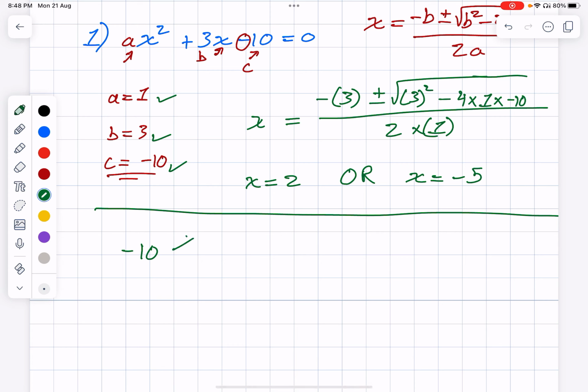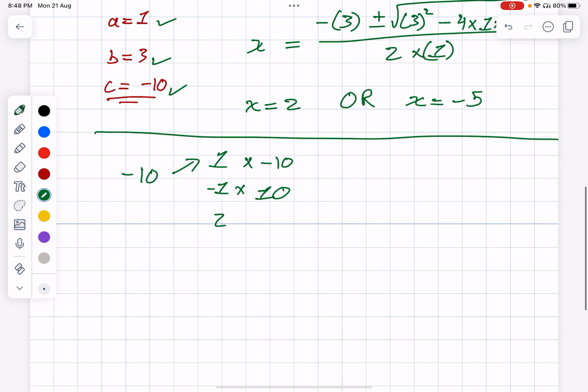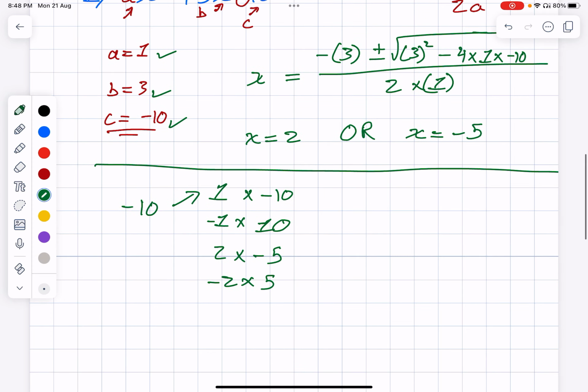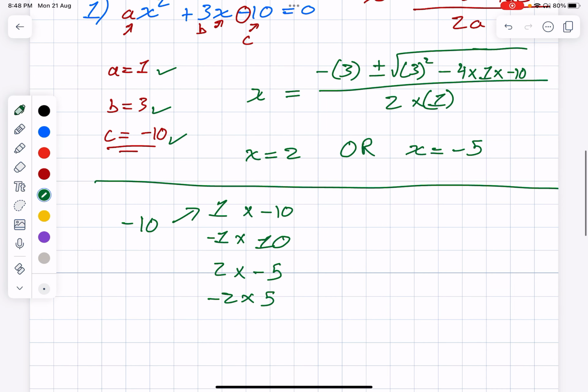For example, 1 times negative 10, or negative 1 times 10, or 2 times negative 5, negative 2 times 5, and so on. These are the four possibilities that can give us negative 10.